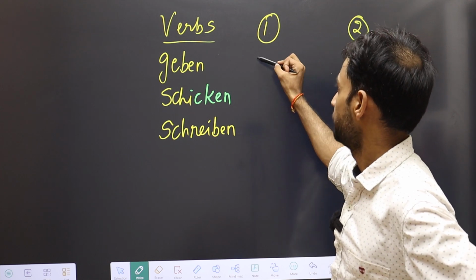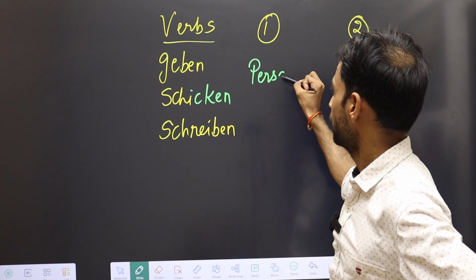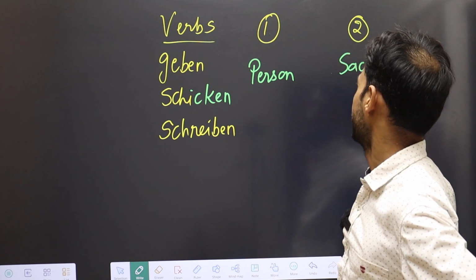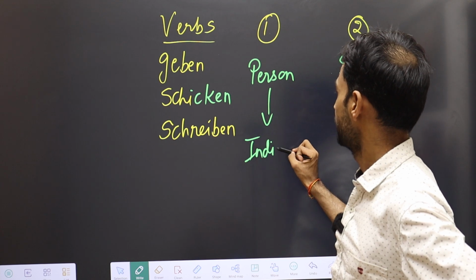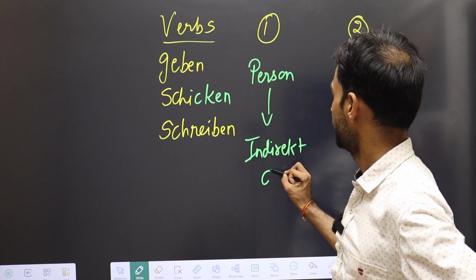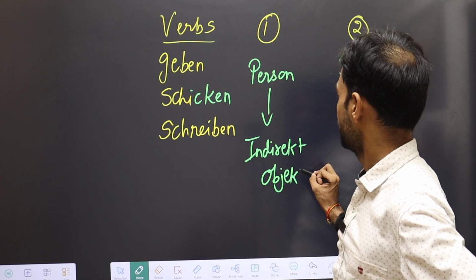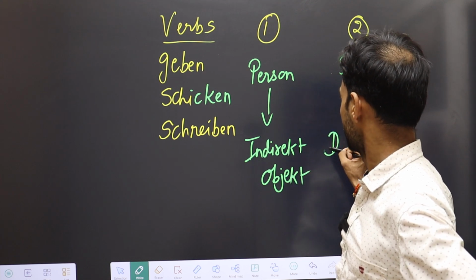Object 1 is a person, object 2 is a Sache, a thing. The person is called the indirect object. The thing is called the direct object.